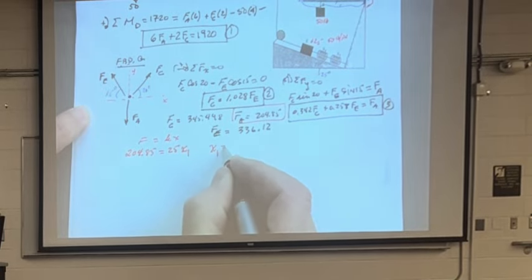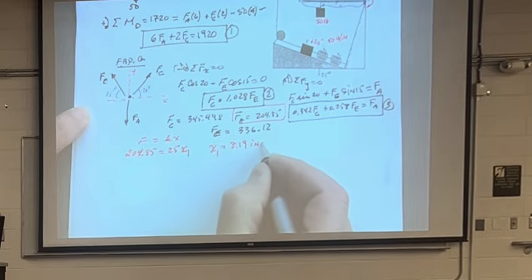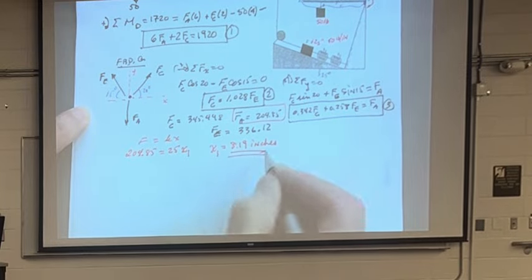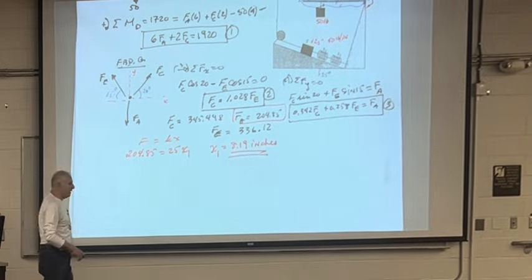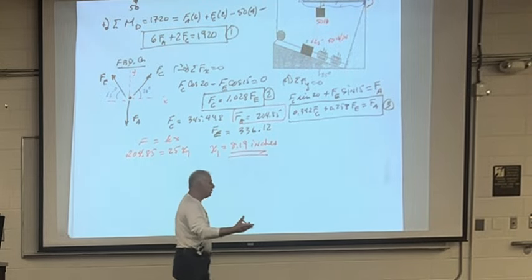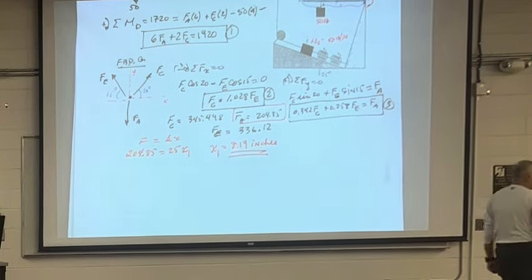Therefore, x1 is equal to 8.19 inches. Remember, the force is in pounds. The k was in pounds per inch. Therefore, x1 of 8.19 is in inches.